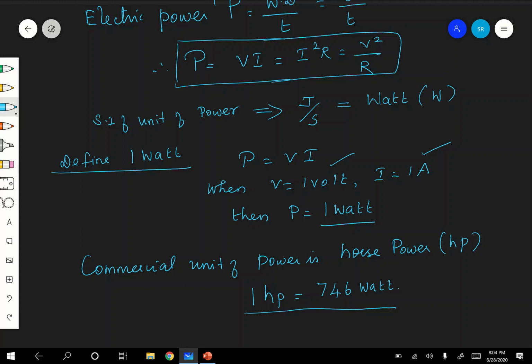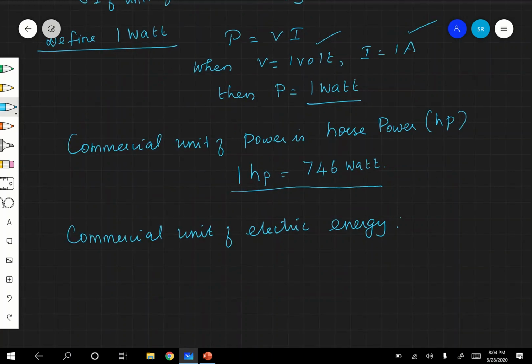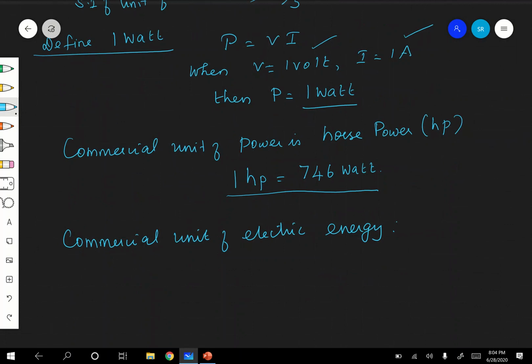Now you know the commercial unit of power. Now, what is the commercial unit of electrical energy? We are dealing only with electric power and electric energy. Last year we studied mechanical energy and mechanical power; here we are dealing with electric power and electric energy.